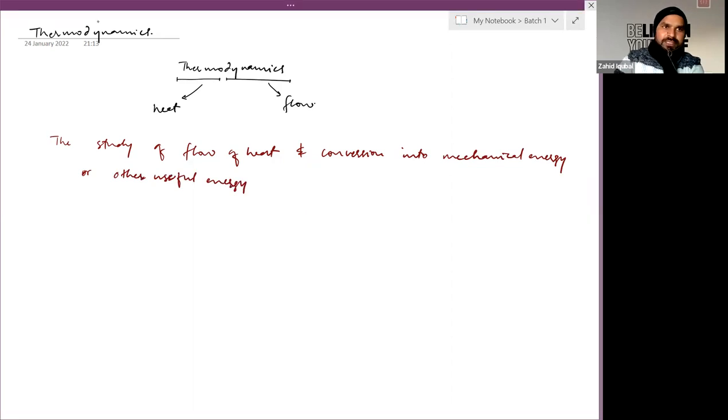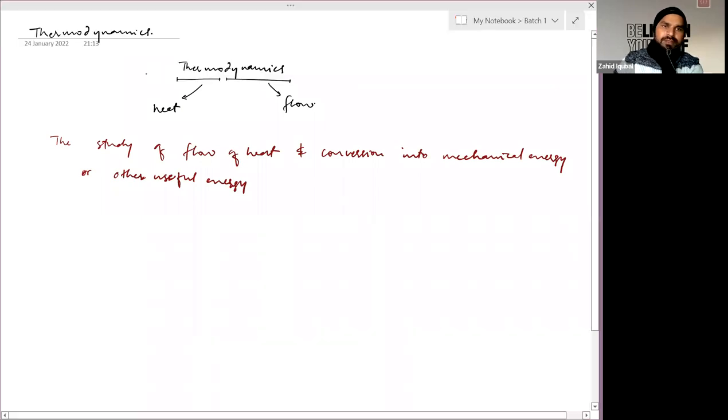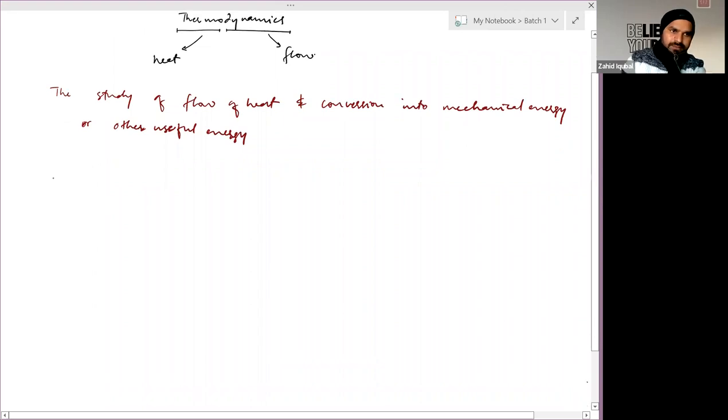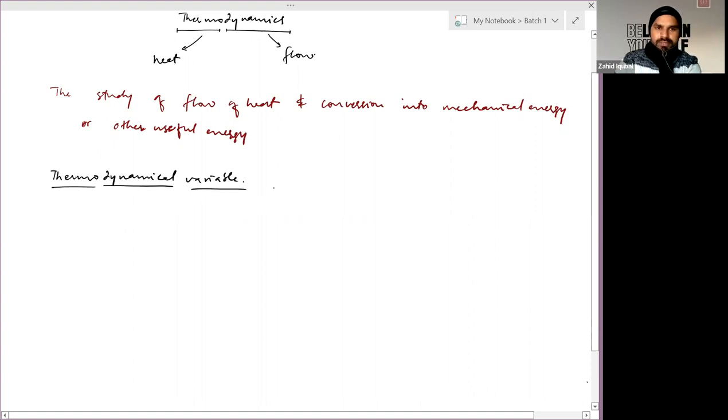So to define thermodynamics, let me give you some basic concepts behind it. First is thermodynamical variable. All the different physical quantities which may define the condition of a gas at any instant, just like number of moles, pressure, volume, temperature, and so on.